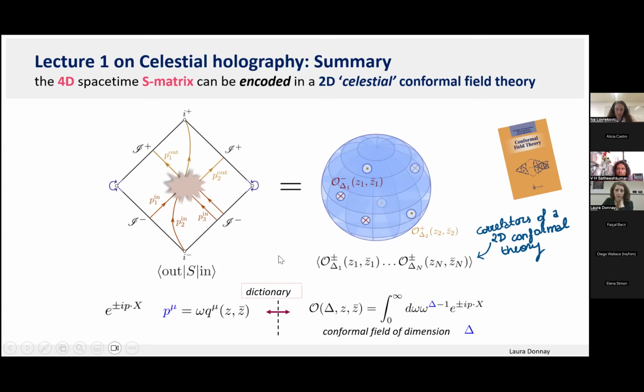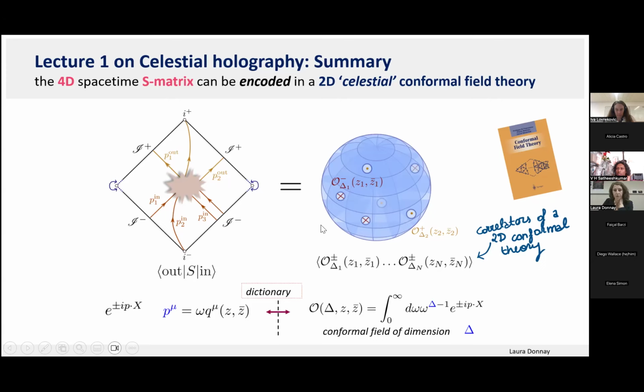And notice, however, I didn't present this, but there is another map for massive particles, so these particles which arrive here at timelike infinity. It's a different integral transform, but it exists. And in other words, any scattering amplitudes you like might be recast by some objects of this form, which involve a bunch of operators, can be incoming or outgoing, which are labeled by the dimension, their spin. Here I haven't written the spin, but it has also a spin, and point Z and Z bar, okay?